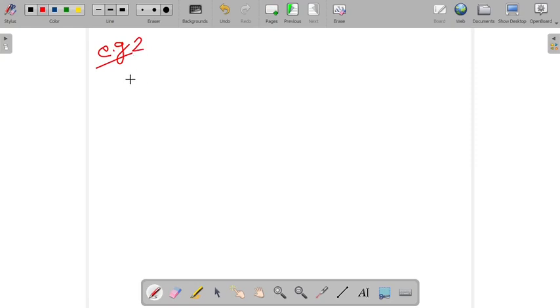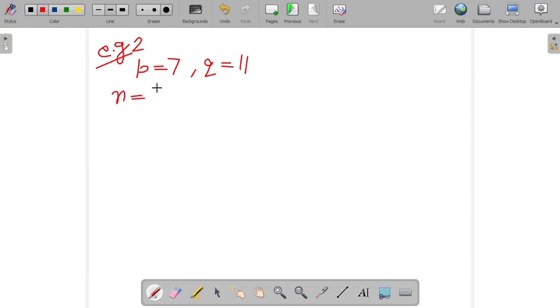Example number 2. Here the values of p and q are different, and try to understand how we will solve it. Let p is equal to 7 and q is equal to 11. Okay, so what is n?